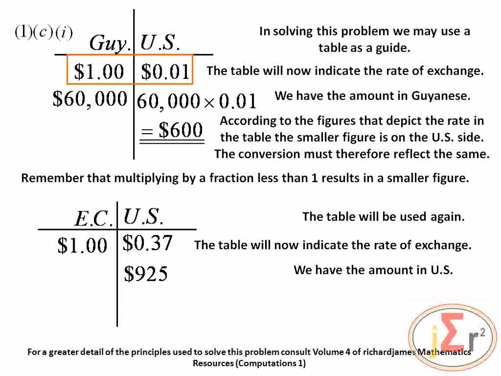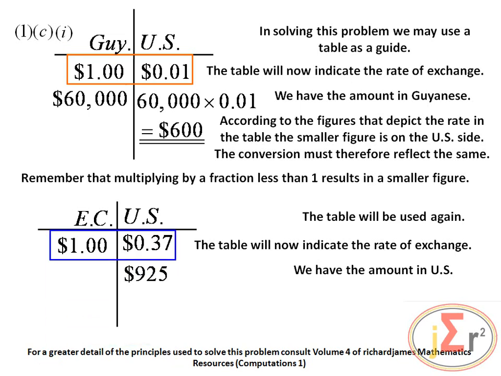Therefore, the figure on the US side is smaller than the figure on the EC side. Therefore, when we make our calculation, the figure that we are going to get on the EC side must be a larger figure if we are being consistent with what we have in the table.